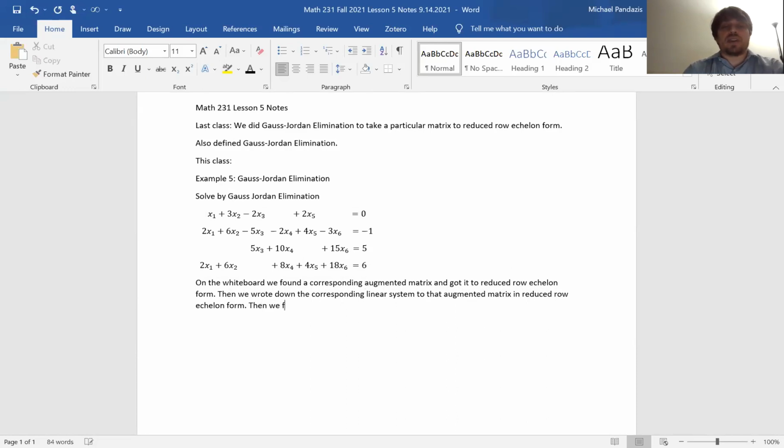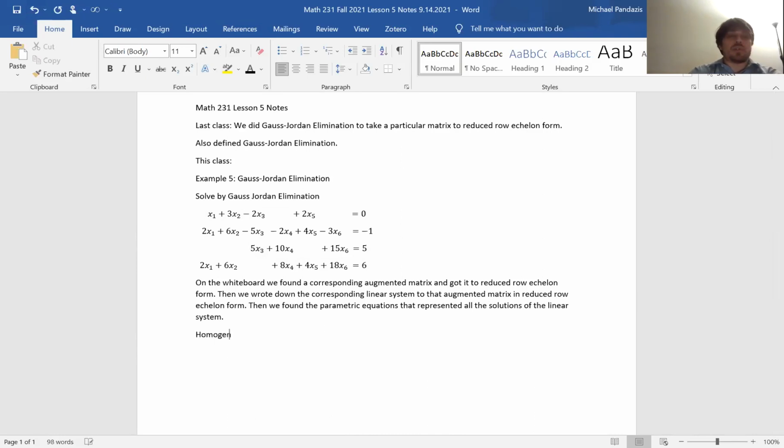Then we found the parametric equations that represented all the solutions of the linear system. Okay, so that was example 5. And so we did that on the whiteboard.